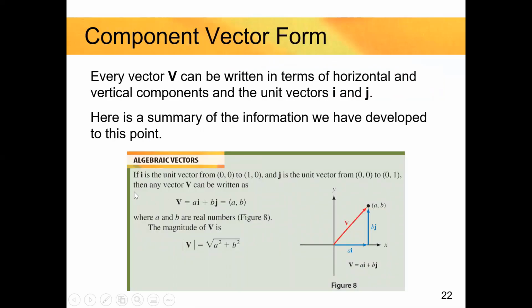Another definition. So there it is. V now is AI plus BJ. Magnitude still stays the same. No change there.